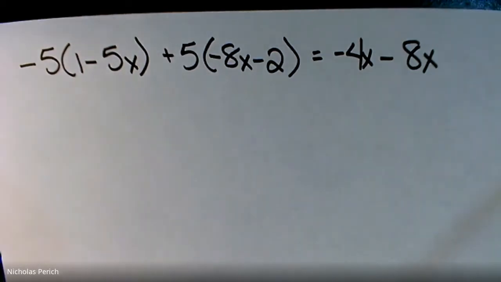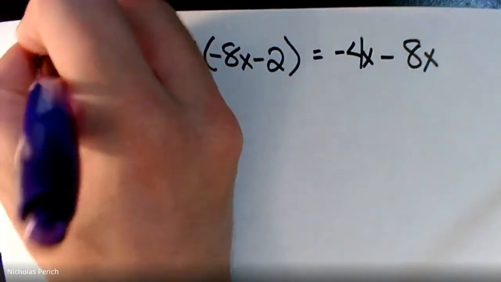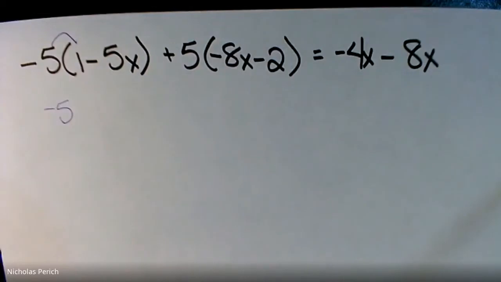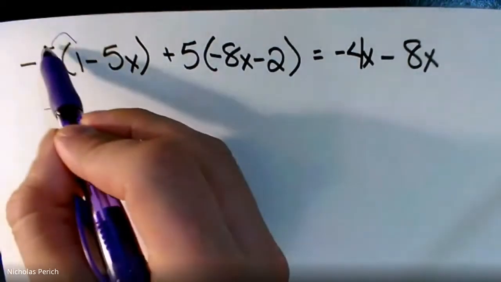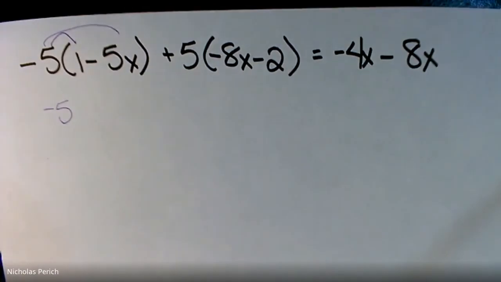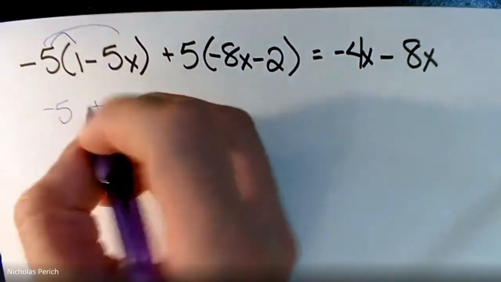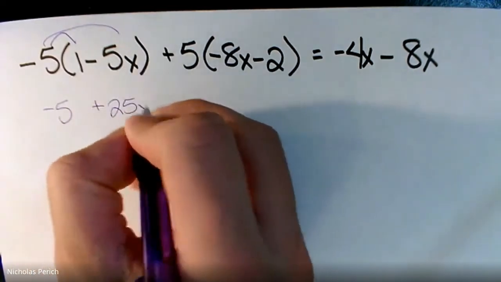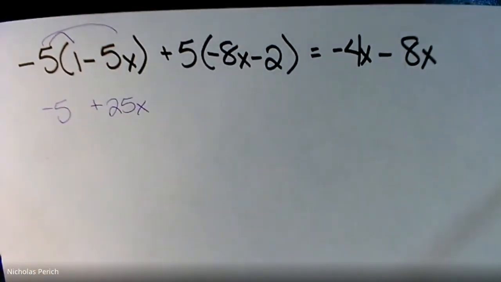So let's do it. Negative 5 times 1 is negative 5. Negative 5 times negative 5x is negative times a negative is a positive. 5 times 5 is 25, and x comes along for the ride. Distributive property part 1.